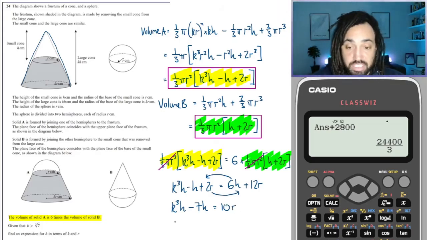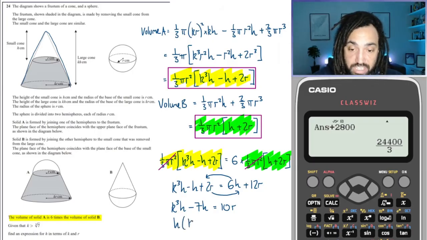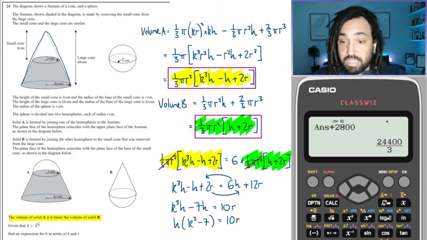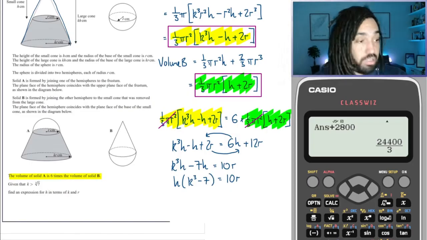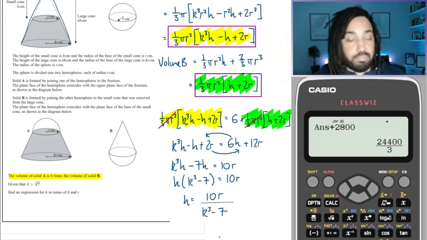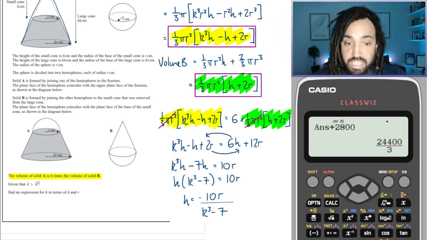If I want to make h the subject, I'm going to have to take out a factor of h here, in order so that I can divide through. So I get this. And the final step is to make h the subject, so I'm going to divide through by k cubed minus 7. And that is it.